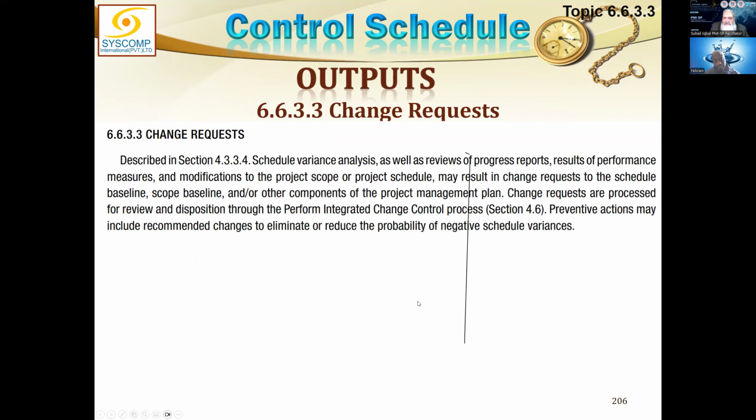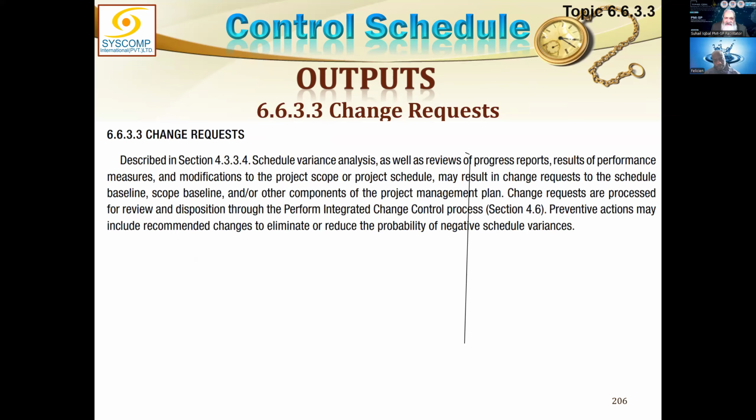Change request, as you understand, if there is a change, and what is the reason of change? Always the reason of change could be one of the three. Does it affect scope or schedule or cost baseline? Any one of these three baselines, if they are interrupted by any change, then that change is a genuine change.